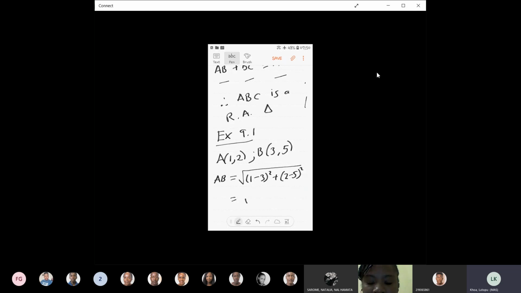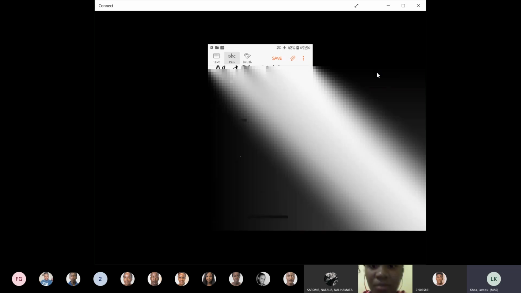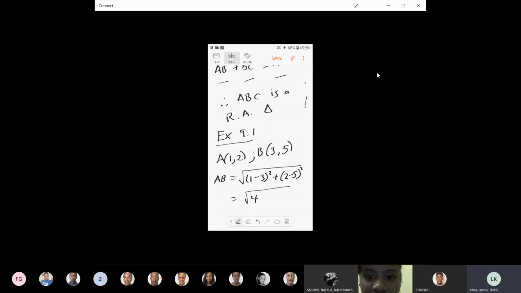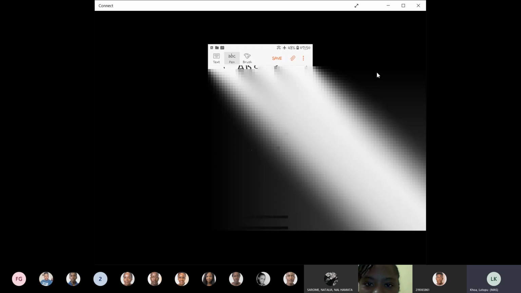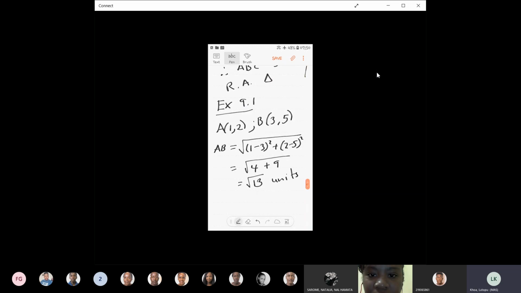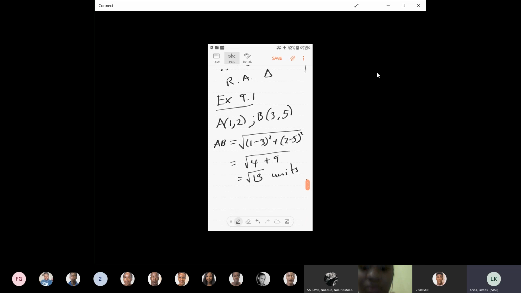Minus 2 squared is just 4. And then 2 minus 5 is minus 3. Minus 3 squared is 9. So this is the square root of 13. And then I put my units. So distance should always have units.